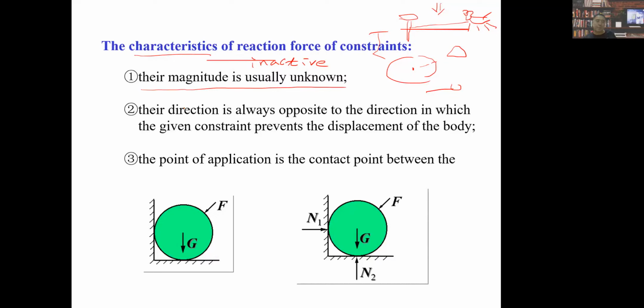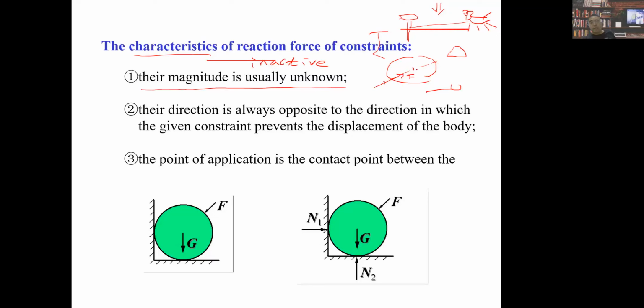So that's why. The second characteristic: their direction is always opposite to the direction in which the given constraint prevents the displacement of the body. Still from this example, if the donkey escapes the circle along this direction, it will have a constraint force here, F. This force prevents the donkey from escaping the circle, right?